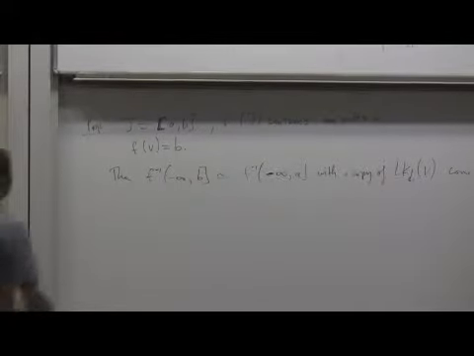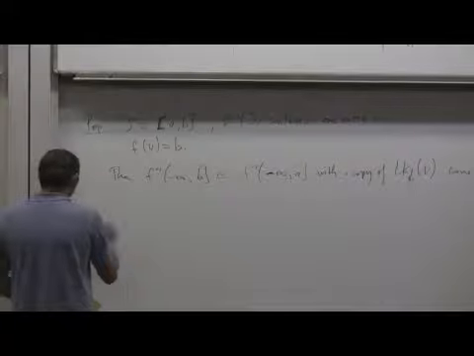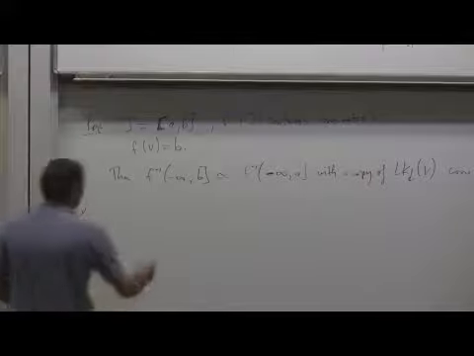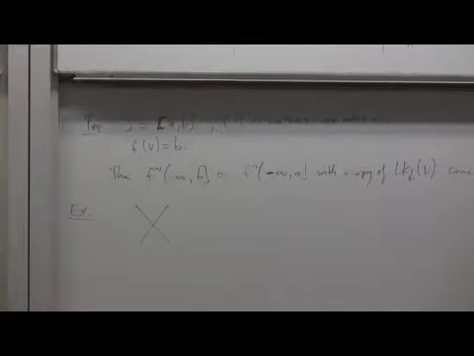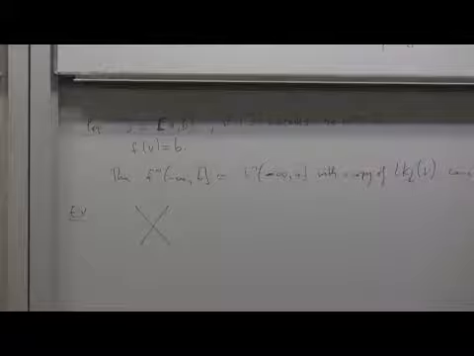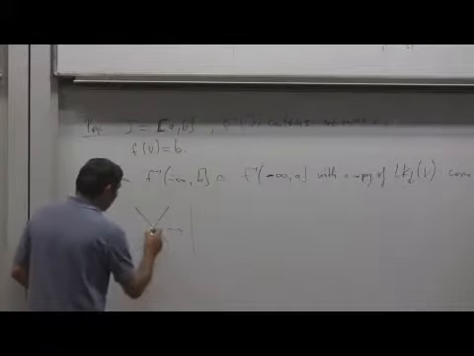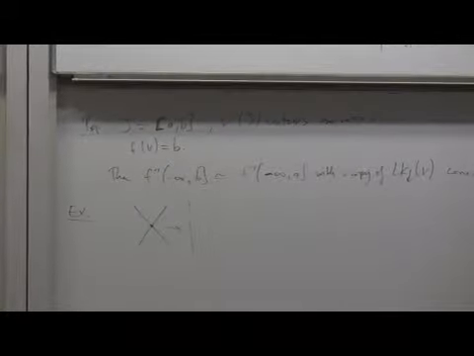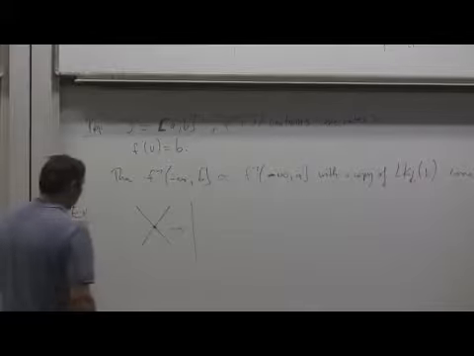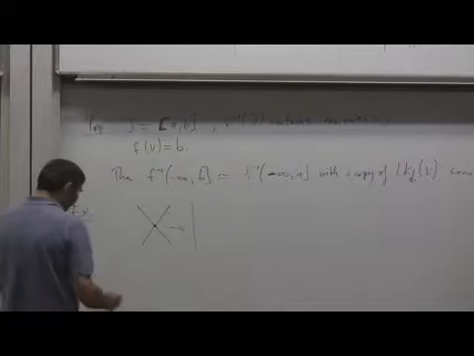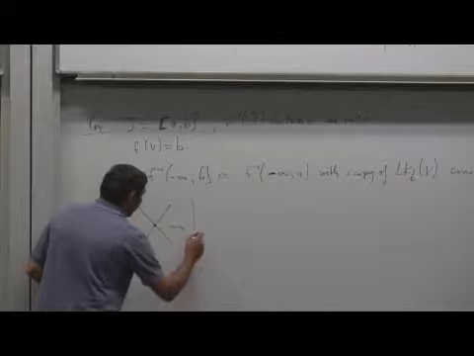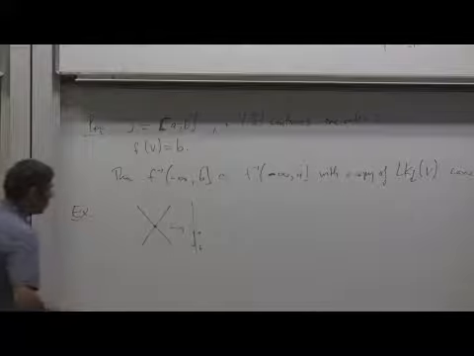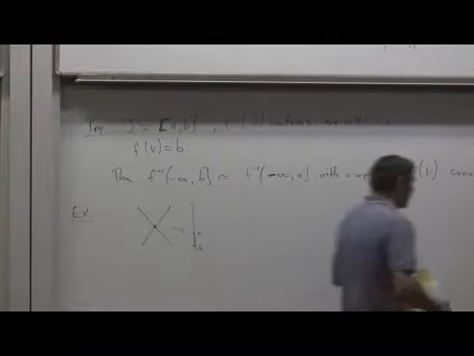Okay, maybe an example. Well, here's a silly example. We just take this graph, the letter X. It's a graph, and the height function. And here's a vertex. The descending link contains 2 points. And so what happens? How does the homotopy type change as you go from, here's maybe B, here's A. How does the homotopy type change as you move from B to A?